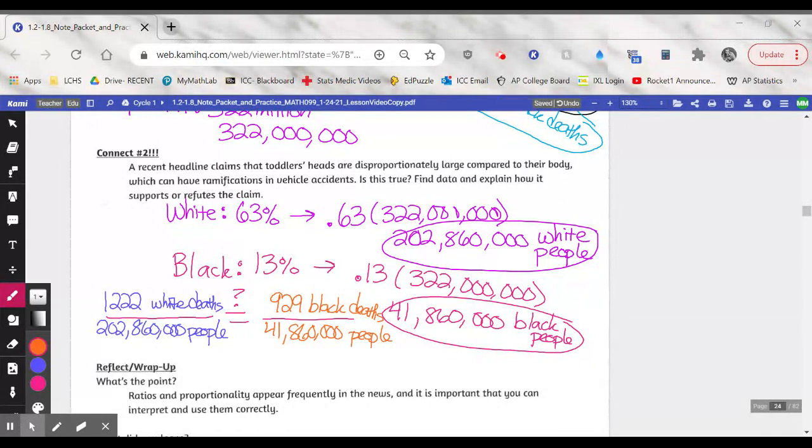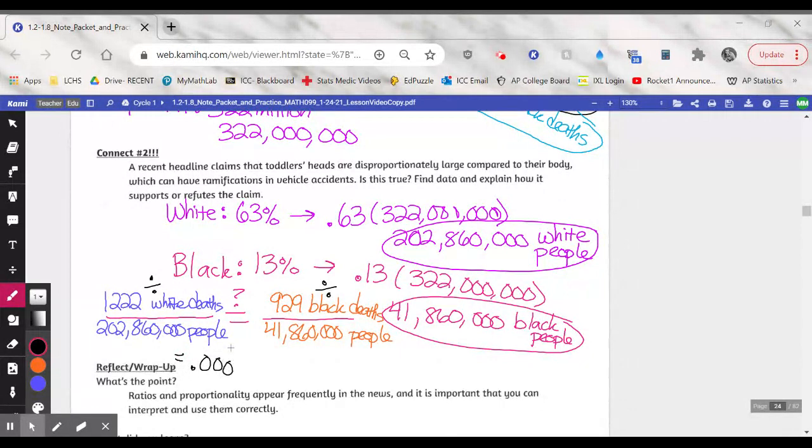So instead of simplifying this, because it's not likely that these are numbers that are really going to simplify that well, I'm just going to have us divide and look and see what we get as the decimals. So for the left, go ahead and just take 1,222. Okay, so we're just dividing. So we get, and it does seem like a lot of zeros.